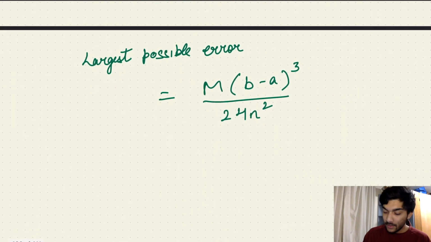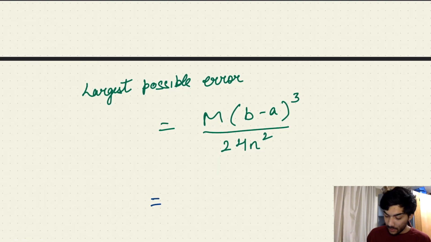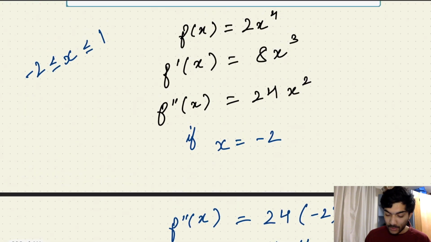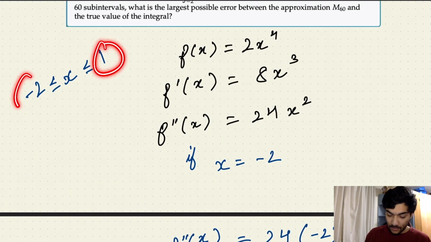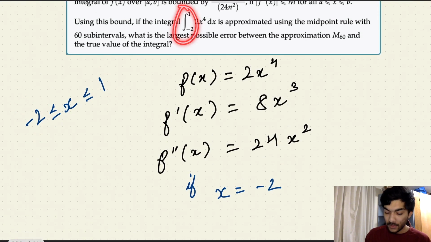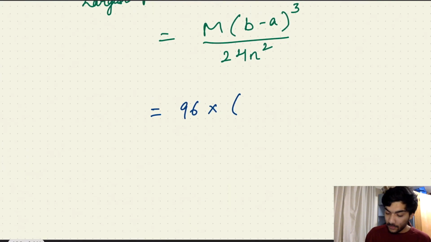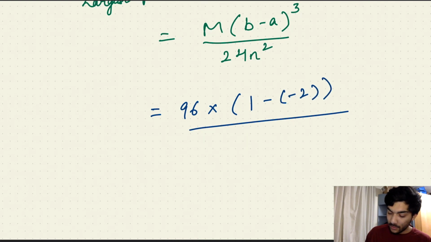So the largest error in this case would be 96 times (b minus a) cubed, where b is 1 and a is -2, as you can see in the interval of the definite integral, and n is 60.